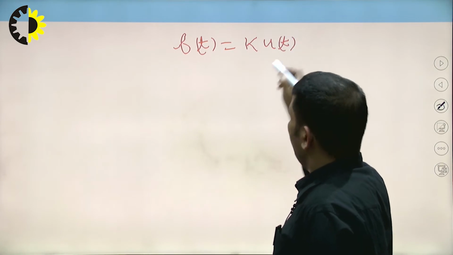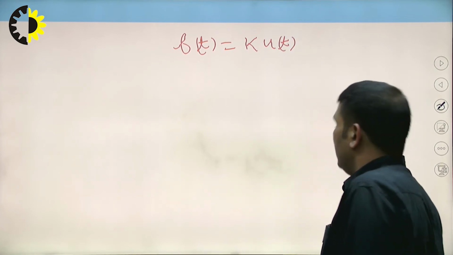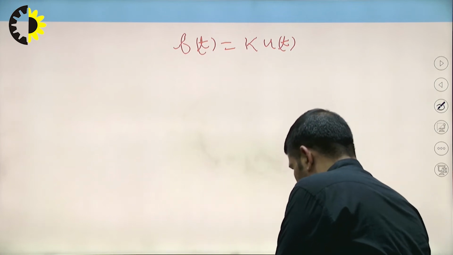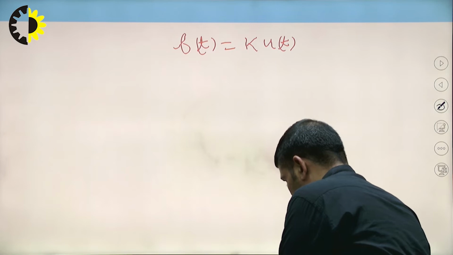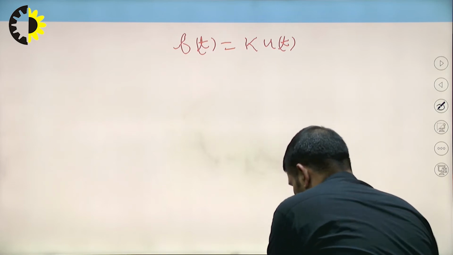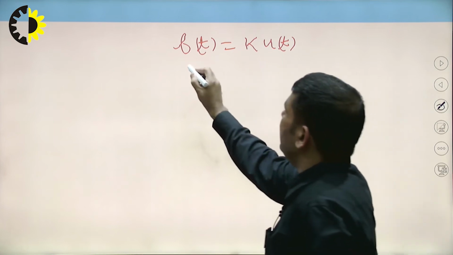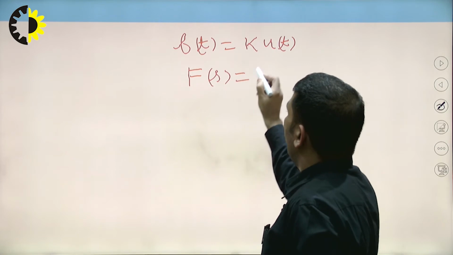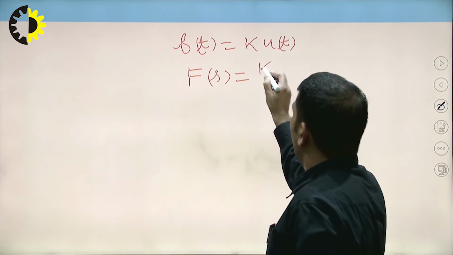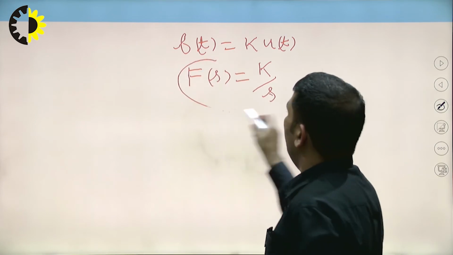Okay, ft is equal to kut. Then in this case, we have basically Fs, where k is a constant, so directly you can find out that it comes out to be k upon s, the Laplace transform. Okay.